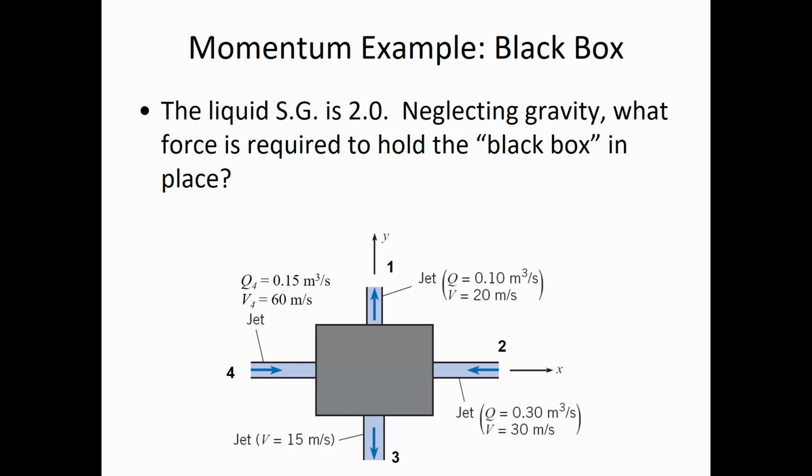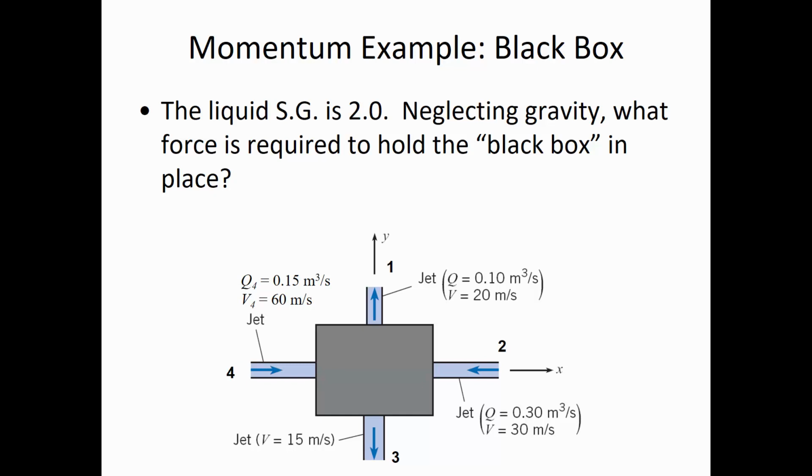And so what are the forces required to hold this black box steady in both the X direction and the Y direction? Like if I was going to put a pin to hold this in place, how much force should that pin be prepared to support to make it so that this black box doesn't shift sideways or up and down, so that it's held steady? So what you'll need to do is apply the momentum equation in the X direction and then apply the momentum equation in the Y direction. And so we're going to try and solve for both sets of forces.